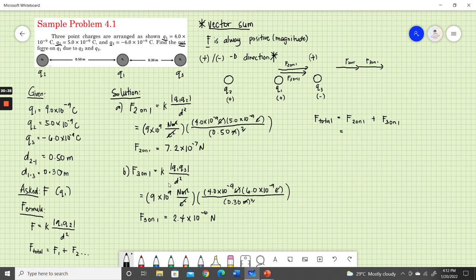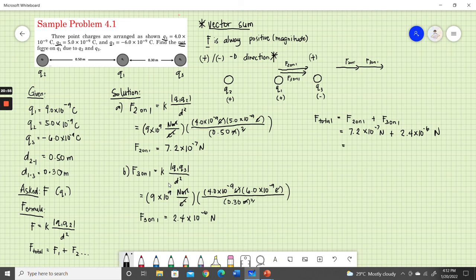So I end up with the magnitude of F2 on 1, 7.2 times 10 raised to negative 7 newtons, plus 2.4 times 10 raised to negative 6 newtons.